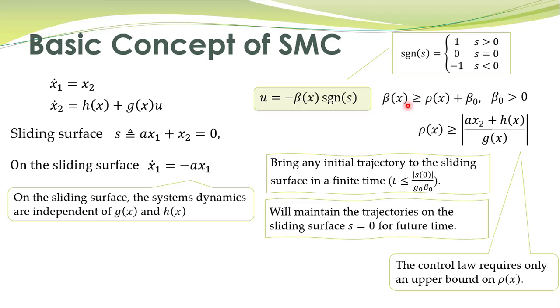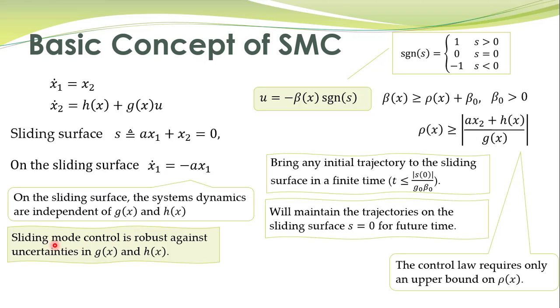There is a term beta which is an upper bound on rho of x, and rho of x is an upper bound on these uncertain nonlinear functions. That is, the control law is also independent of uncertainties, and therefore sliding mode control is robust against uncertainties in g of x and h of x.